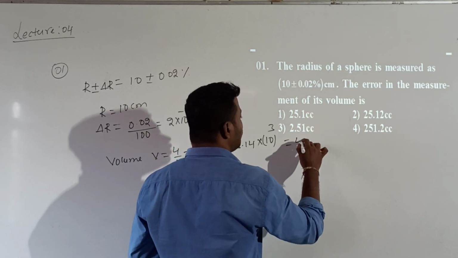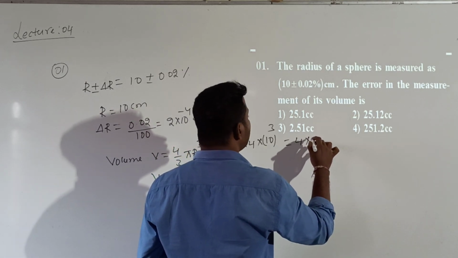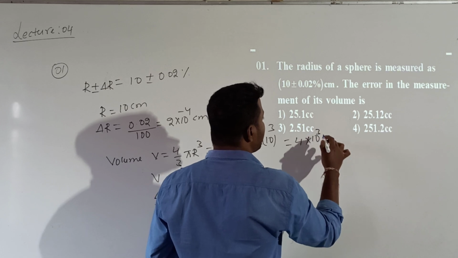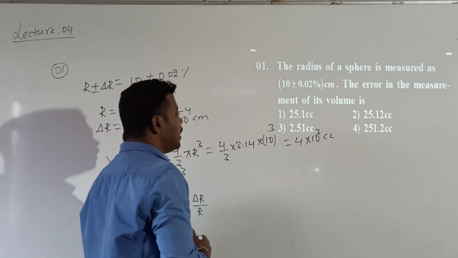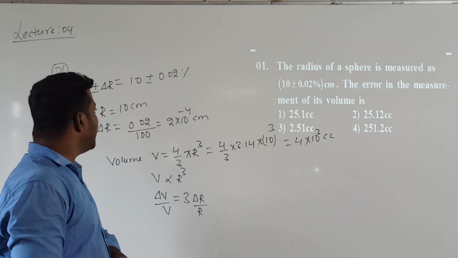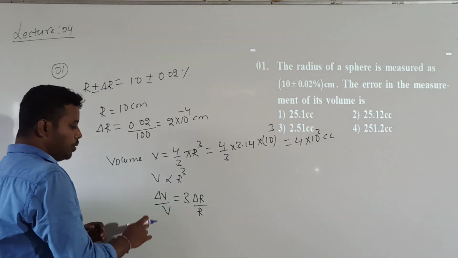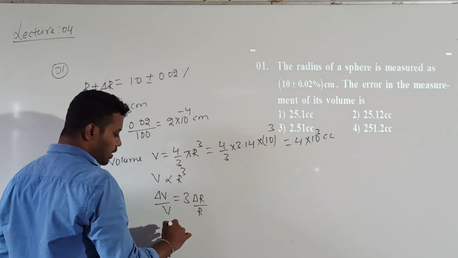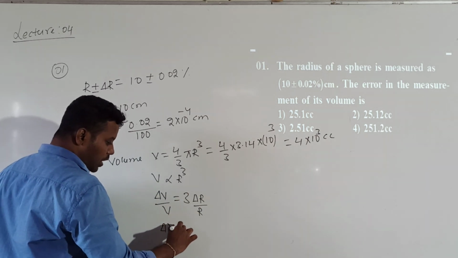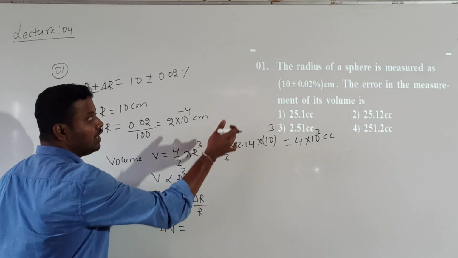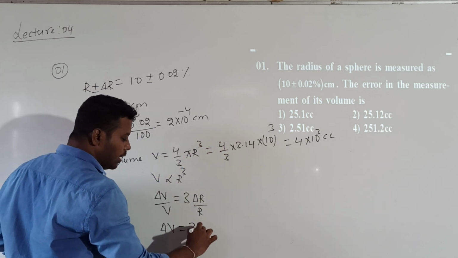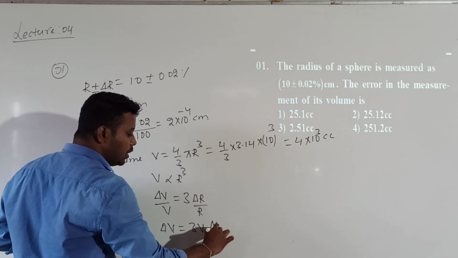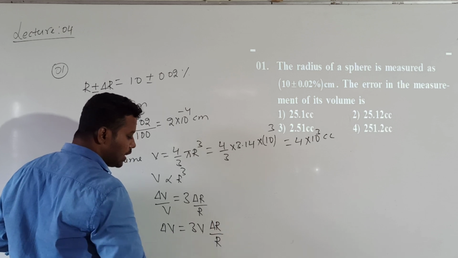The V value is 4 into 10 to the power of 3 cc, centimeter cube. Then delta V by V is equal to 3 into delta R by R. They are asking us to calculate delta V. Error in measurement of volume is given by 3 into V into delta R divided by R.